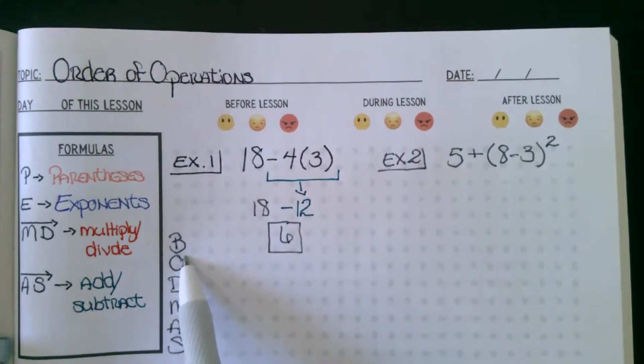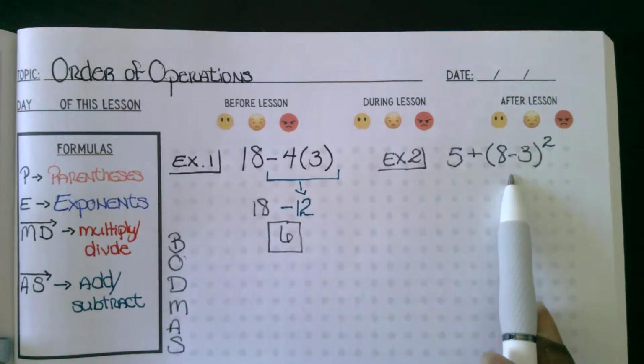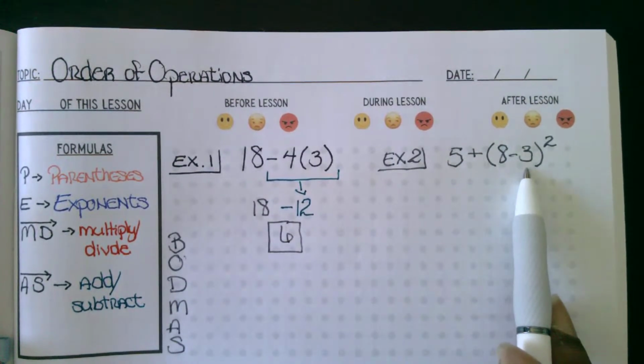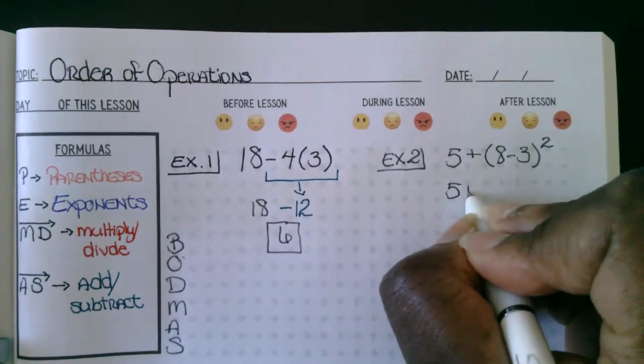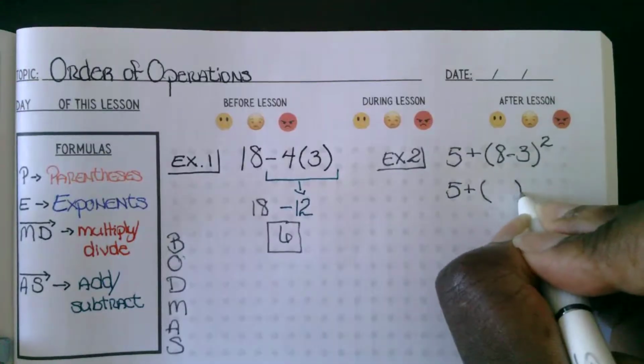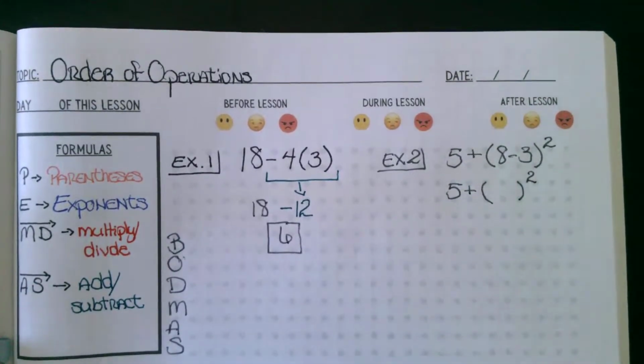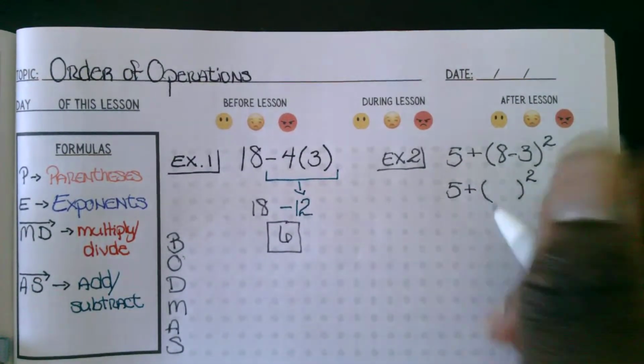So the B for the international means brackets or parentheses, which is happening here. So we have 8 minus 3, so that gives us 5. So I bring down my 5, bring down my plus, bring down my square, but in its place is going to be 5.